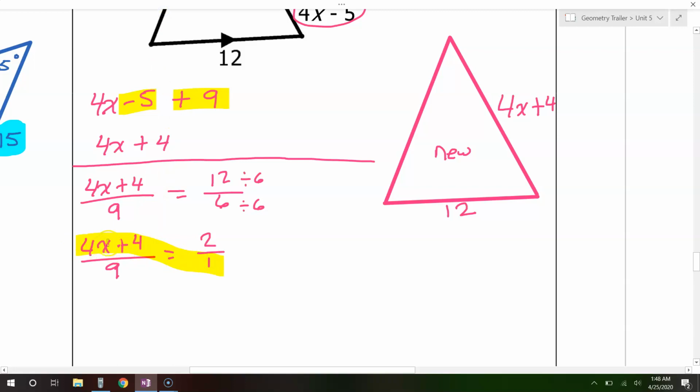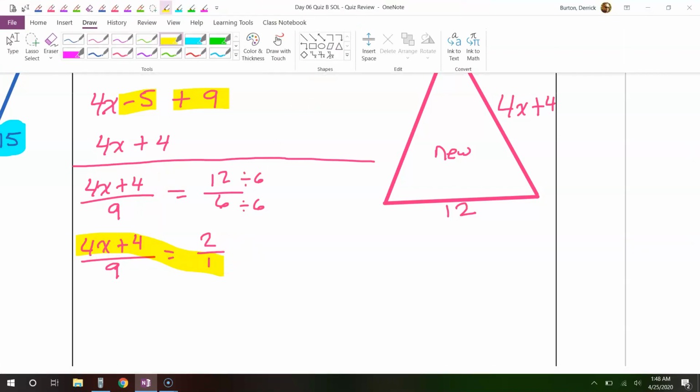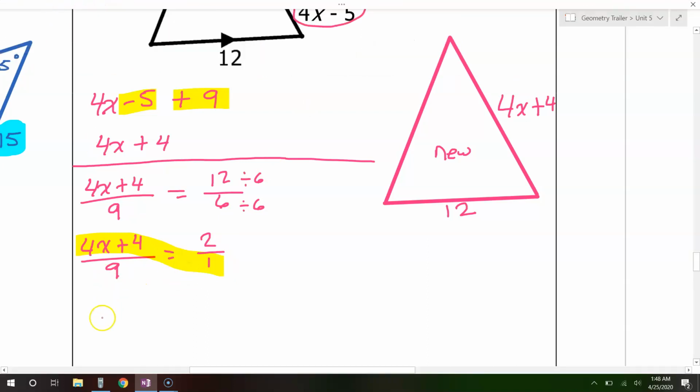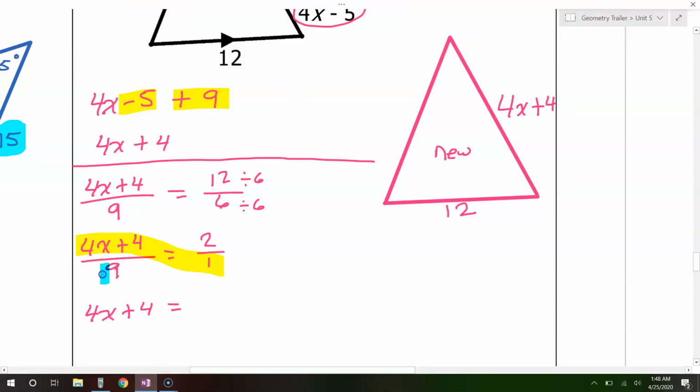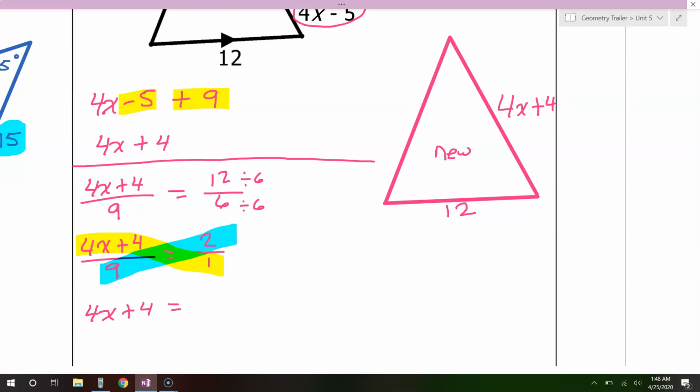So what can be easier than multiplying by 1? All right, that's way better than having to multiply everything by 6. Keep the number small when you can. So if you multiply by 1, it's just going to stay 4x plus 4. Okay, and when I do the other diagonal, that's 9 times 2, obviously 18.